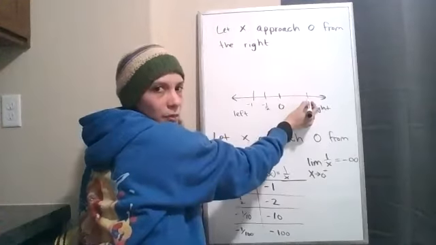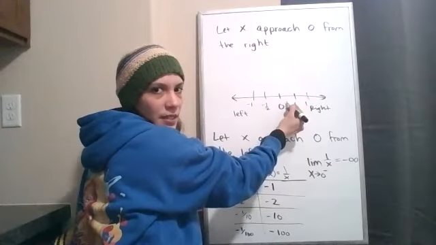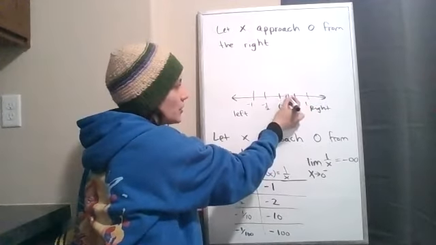So put in positive 1, positive 1/2, positive 1 over 10, positive 1 over 100, and get closer and closer to 0.